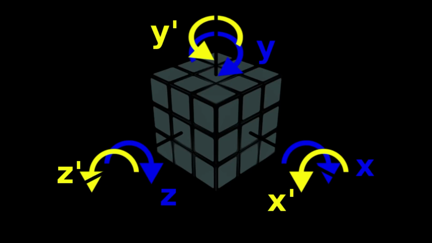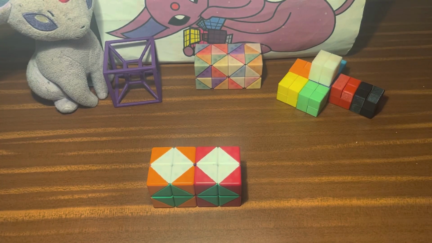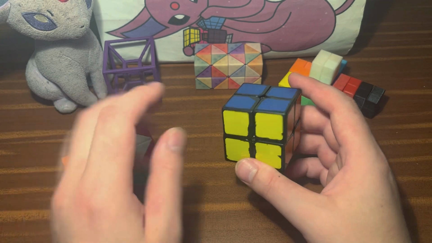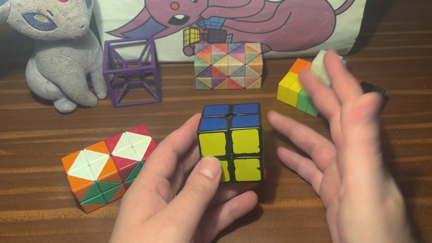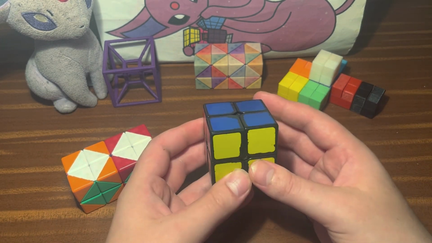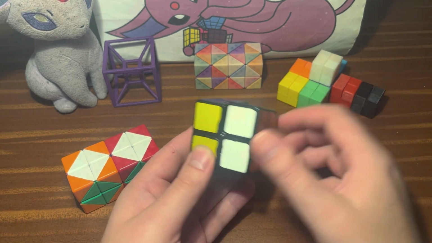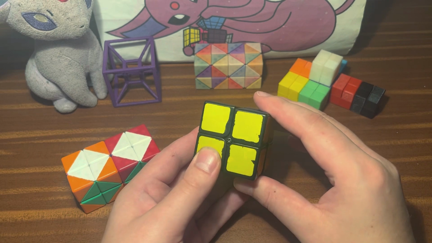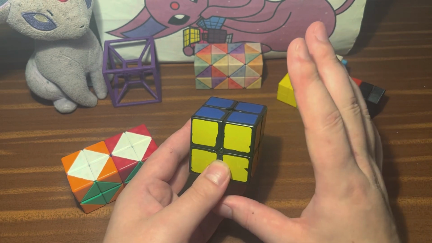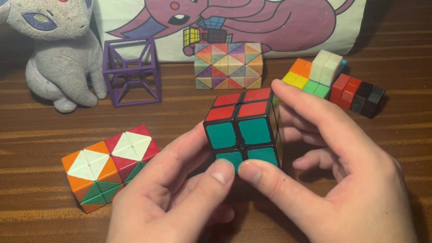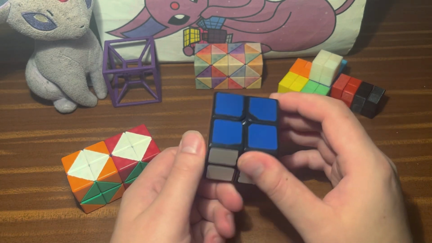There's a diagram that tells you basically how to turn the cells. On a 2x2, you have rotations of the layers, and you've got R, and then R prime, and then R2. But since it's another dimension up, we are using actual cube rotations to turn the cells.